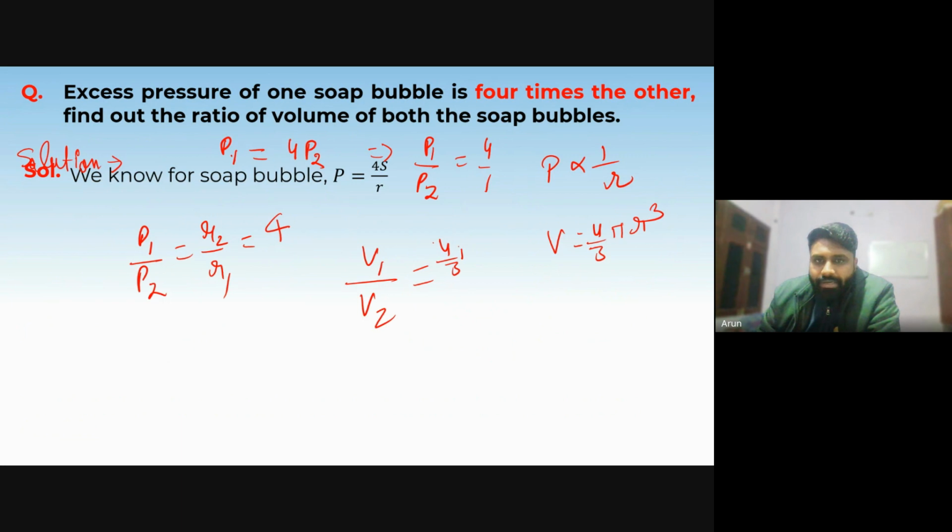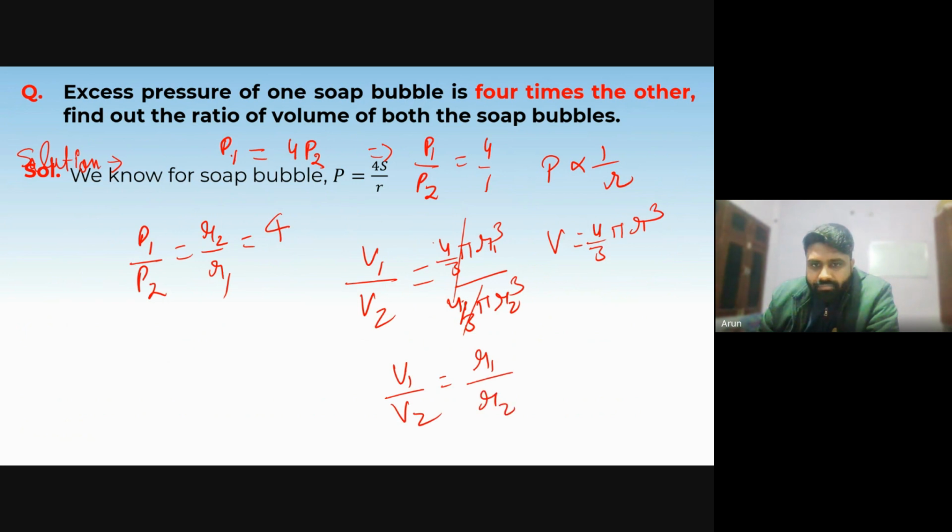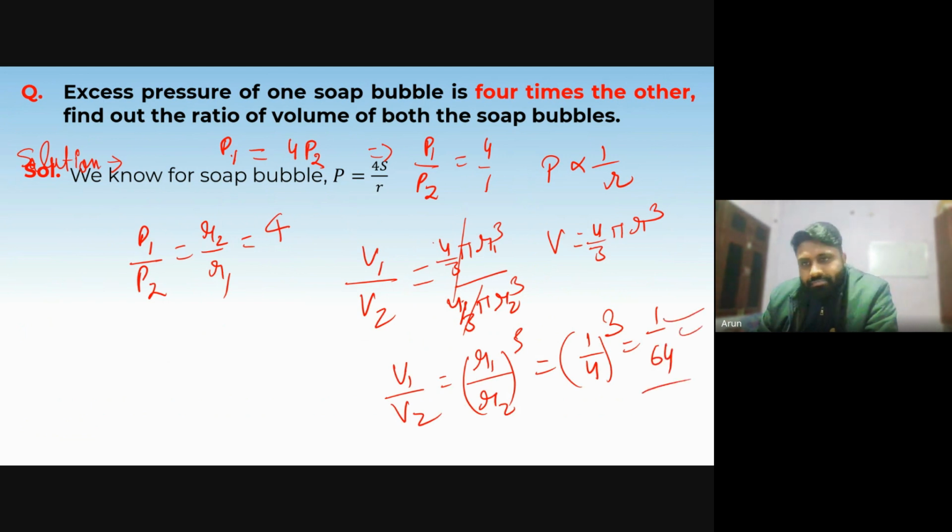So 4 by 3 pi R1 cube divided by 4 by 3 pi R2 cube. So this will cancel out. So V1 by V2 is (R1 by R2) cube. Now we know R2 by R1, so we have to reverse it. So it will be 1 by 4 cube, and 1 by 4 cube is 1 by 64. Okay. So very good, student of JNV Ramnagar, you have got it.